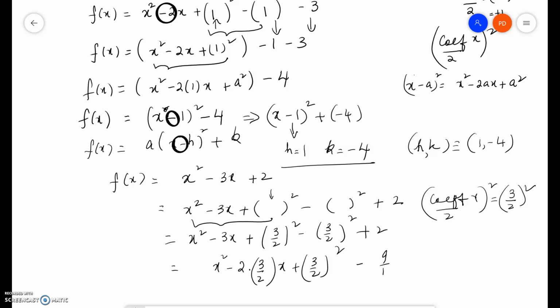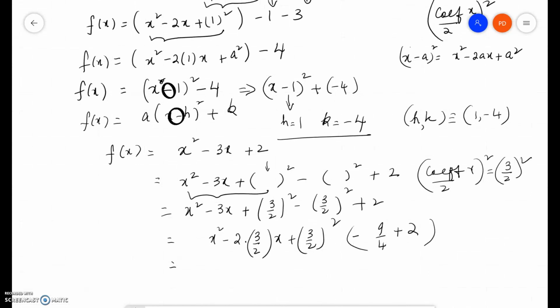minus 9/4 plus 2. These two together form the constant, that is k, and that would be x minus 3/2 the whole squared, and then we combine these two, so that would be negative 9/4 plus 2 times 4/4.